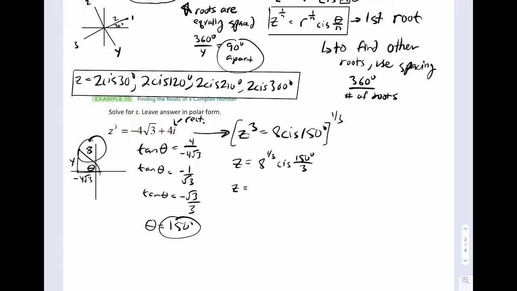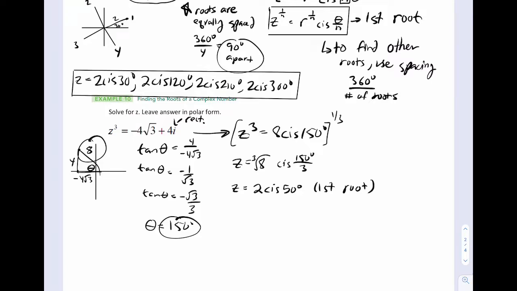So z is equal to 8 to the 1/3 power, which is 2, cis 50 degrees. If you're wondering about the 1/3 power, it might be easier to rewrite this as the cube root of 8. Now we can see this is our first root.